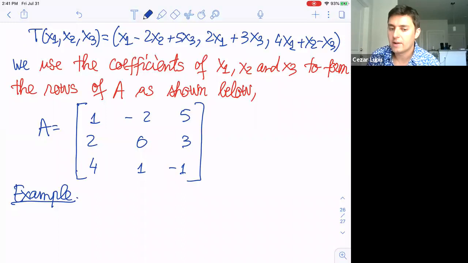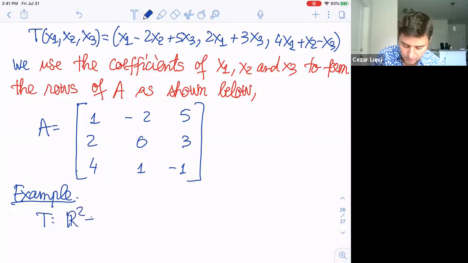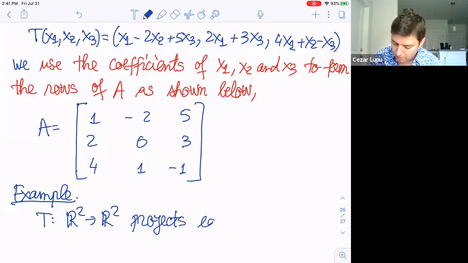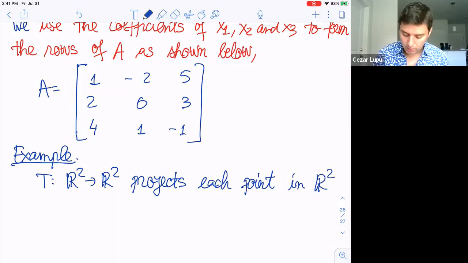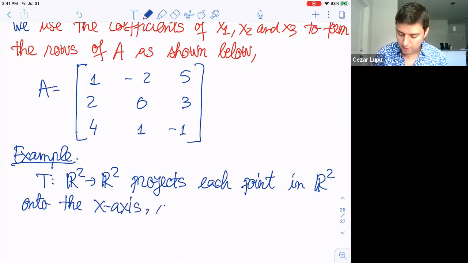I want to find the standard matrix for another linear transformation. Let's say I'll take T from R2 to R2, and this projects each point in R2 onto the x-axis, as shown below.